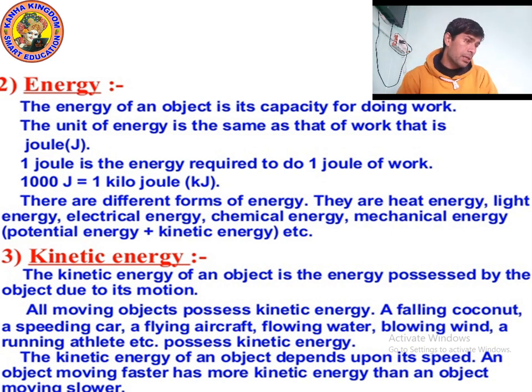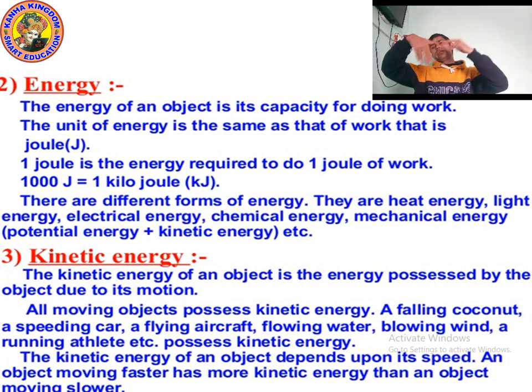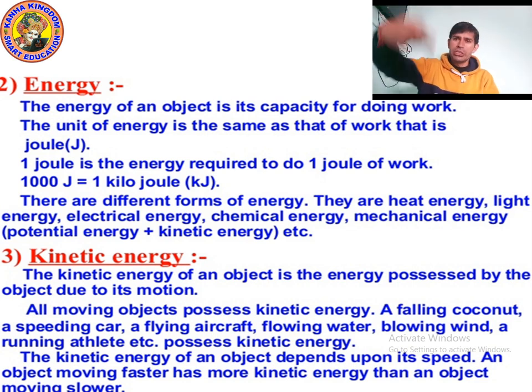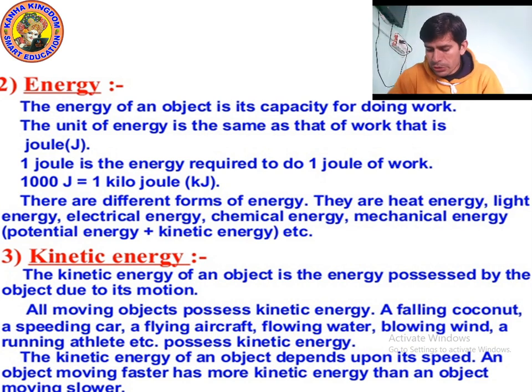For example, how does electricity generate? When water falls from the dam onto the turbine, the turbine, which is a rotating machine, rotates very fast and generates electrical energy.